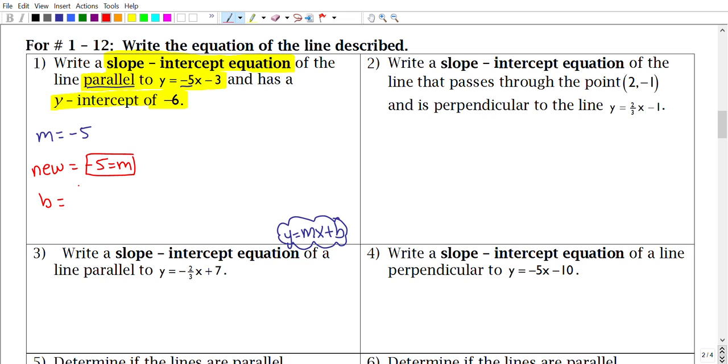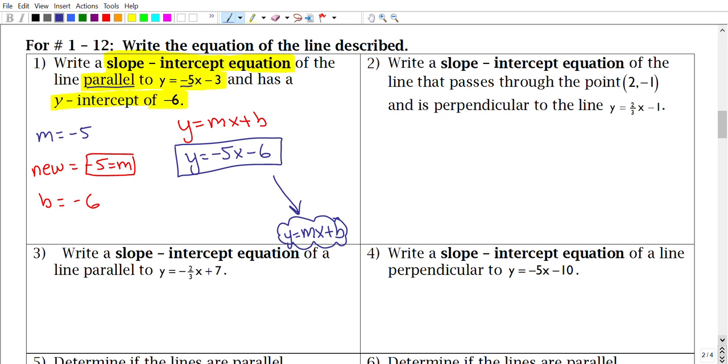So my b here is a -6. So I have an m, I have a b. So in y equals mx plus b, all I'm doing is substituting those values in. So I get y equals -5x minus 6. And that is in this form, so we are good to go. So that one was pretty painless.